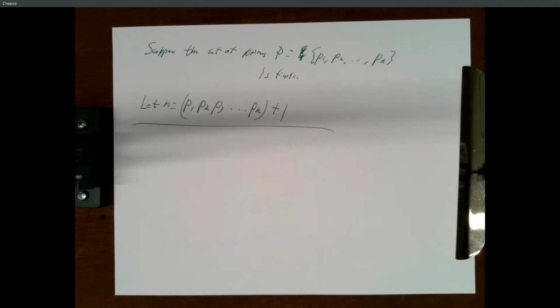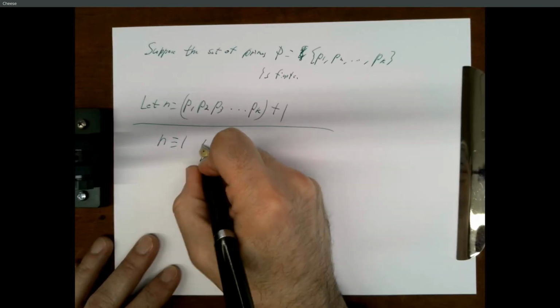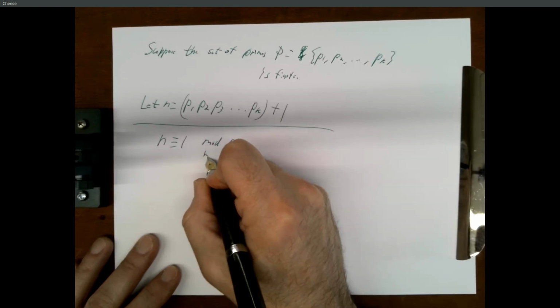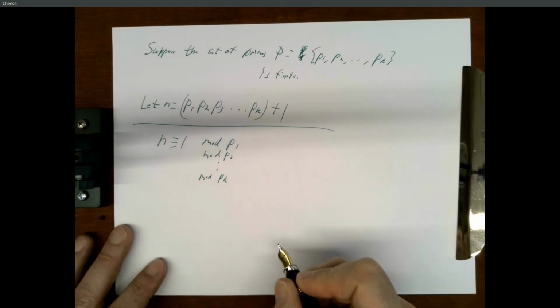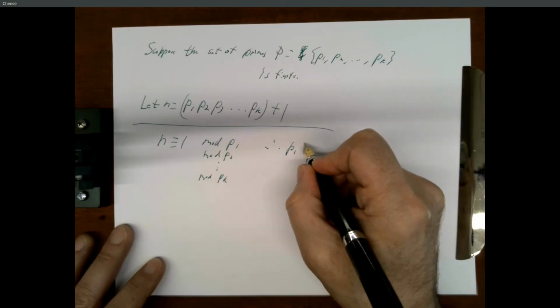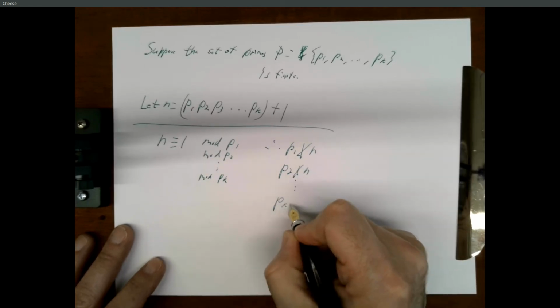If I have a multiple of 2 and I add 1, it's not a multiple of 2. I've got to add 2 to get to another multiple of 2. So n is congruent to 1 modulo p1, modulo p2, all the way up through modulo pk. Therefore, p1 does not divide n, p2 does not divide n, pk does not divide n.